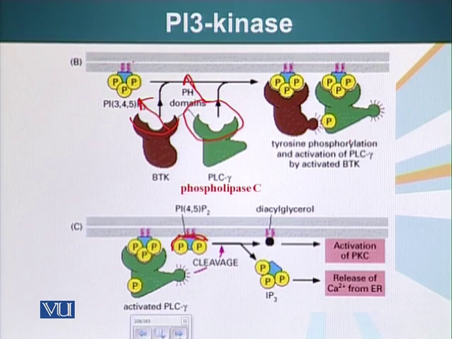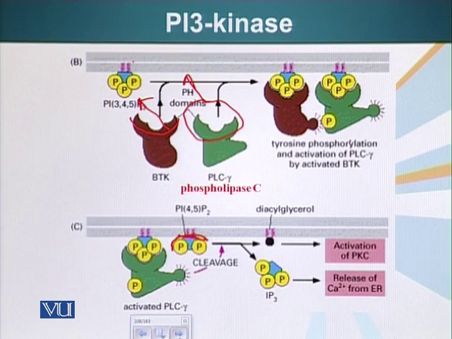When BTK binds PIP3, it becomes activated. It's a kinase. It phosphorylates PLC gamma. PLC gamma, now remember, is also attached at the cytoplasmic face of the plasma membrane. Basically, the purpose of this exercise is to bring these two molecules in close vicinity of each other.